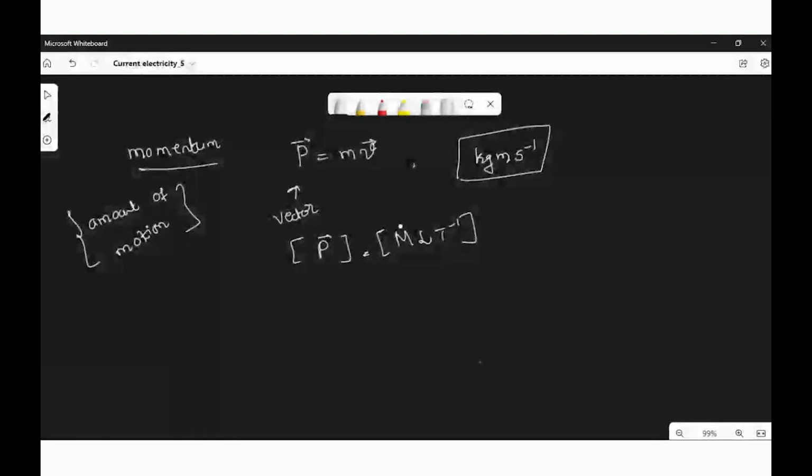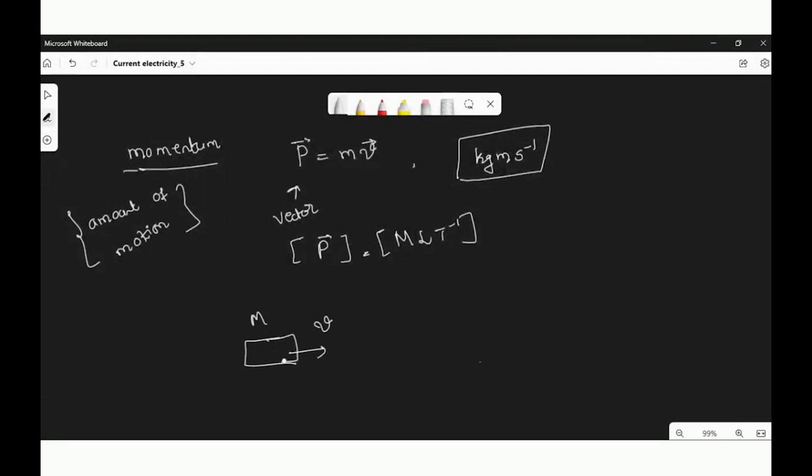Now, why do we need this? What is the significance of it? Let us say there's a car. It has some mass, let me take it as capital M, and it is moving with some velocity v.